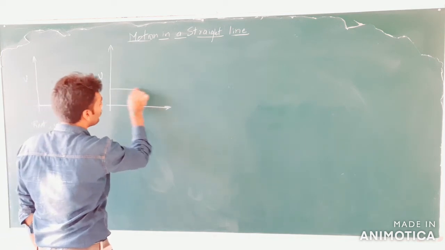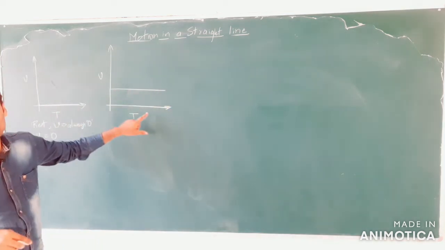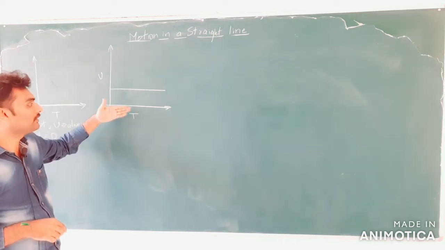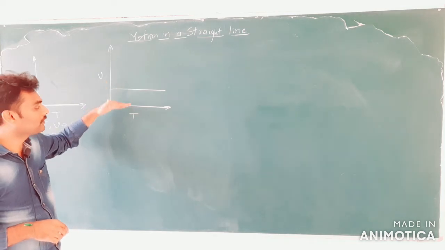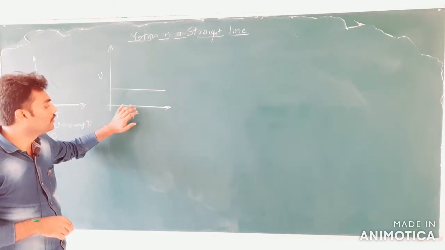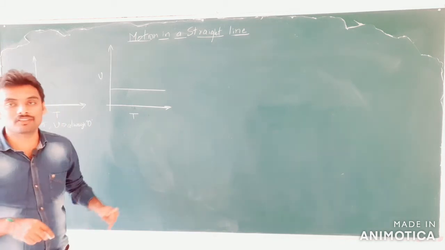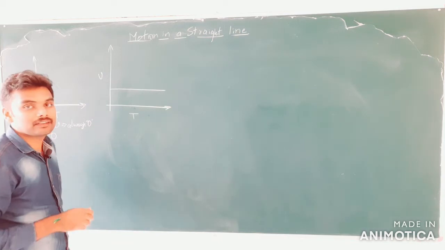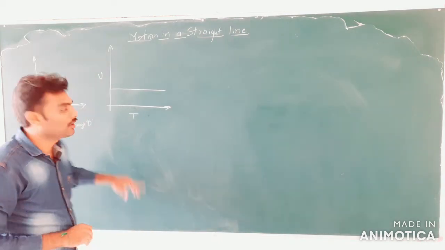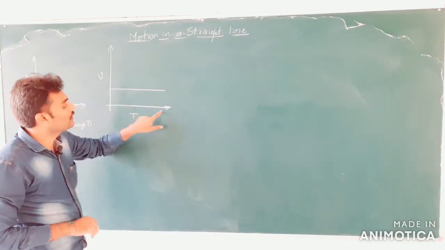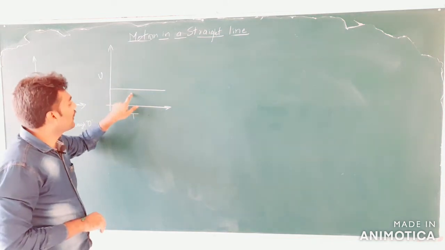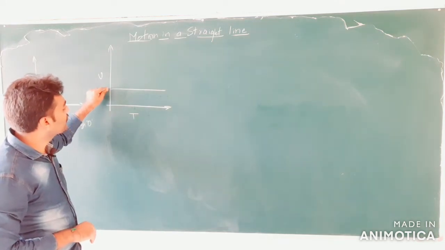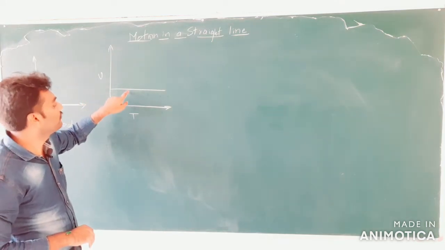Say a parallel line, not coinciding with the time axis; instead the given graph is a line parallel to the time axis or x-axis. So what is happening in this case? Obviously the body is not at rest, because right from the beginning of the motion till the end of the motion, the body has a certain constant velocity. Say this velocity is 50 meter per second, then 50, 50, 50.